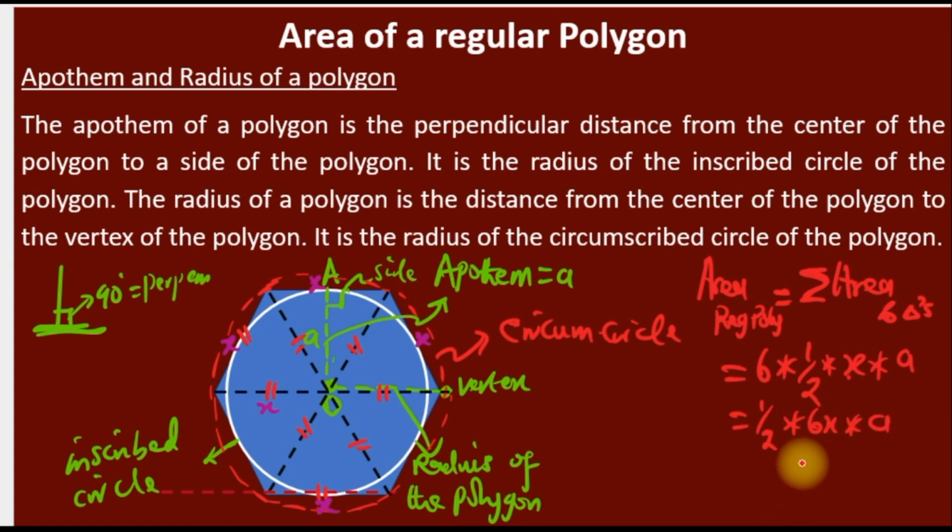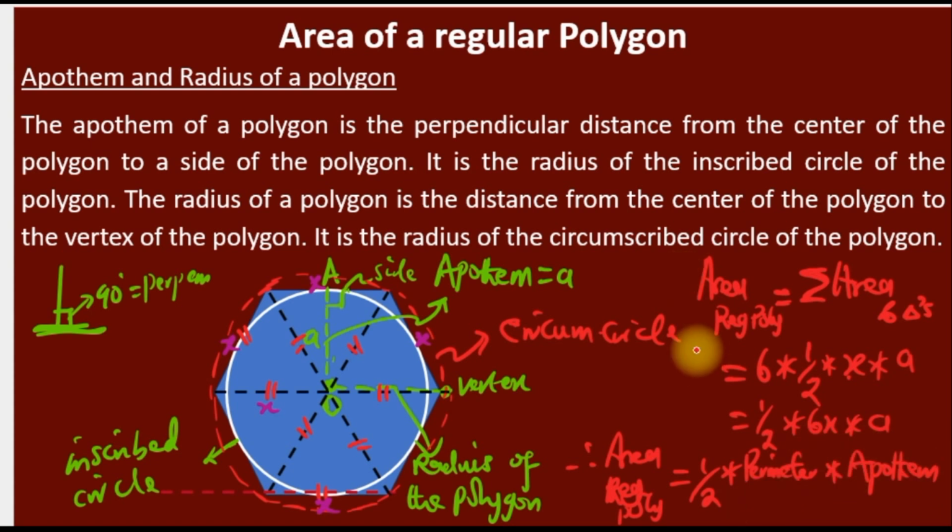And what do you notice? 6x: how many sides are here? 6. So if I sum the sides, it means the perimeter. So I can now say that the area of a regular polygon is equal to half times the perimeter times a, which is the apothem.